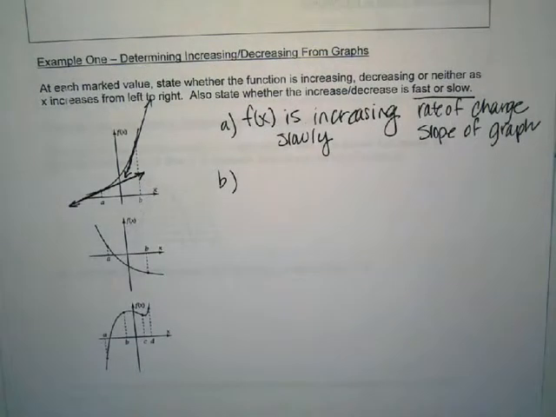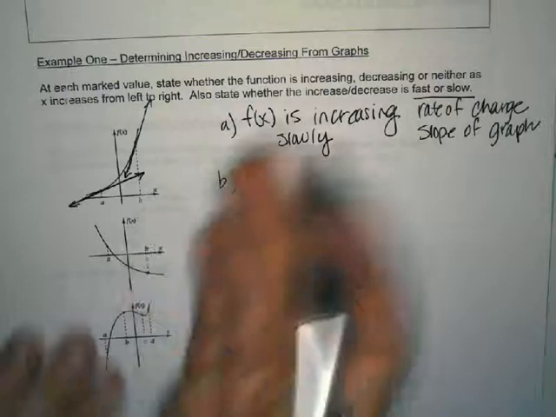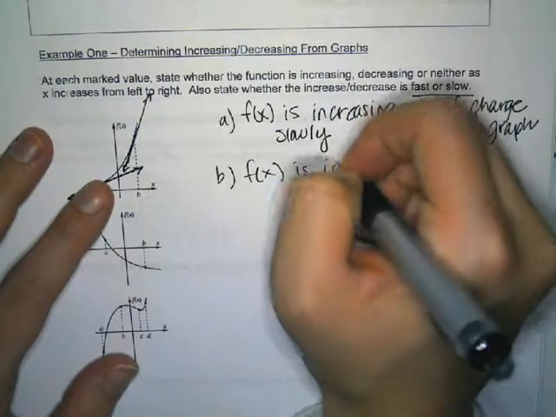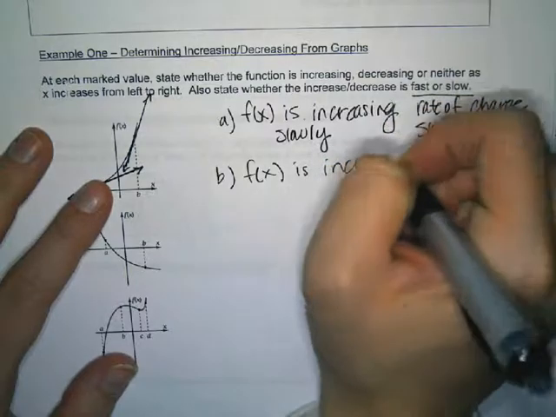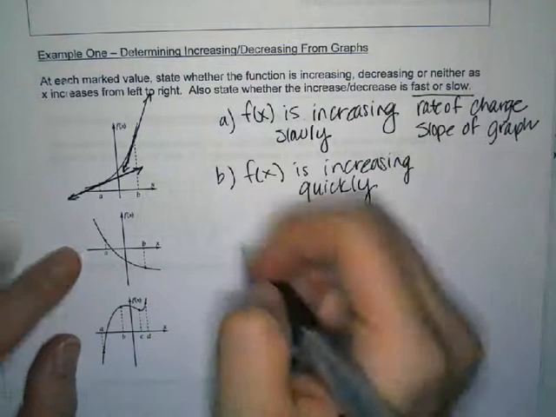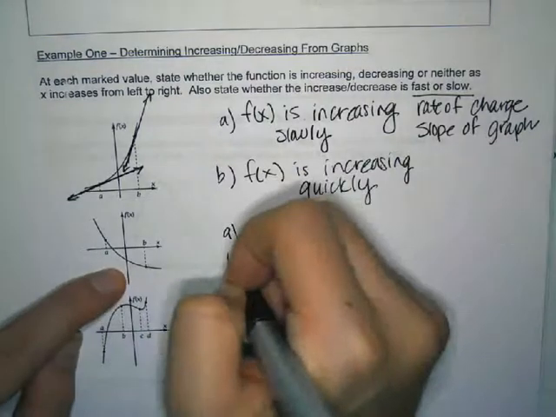Okay, we're going to do the same thing for A and B here. Best you can, I want you to draw in or sketch in a tangent line for both A and B there.